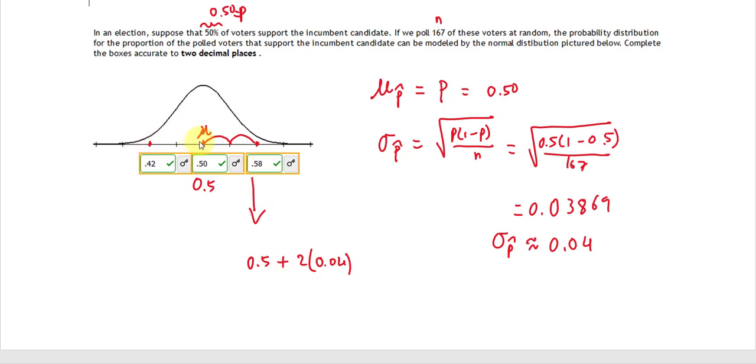Now we go back 2 standard deviations below the mean. So we take the mean 0.5 minus 2 times the standard deviation, and that will give you 0.42. We just apply the characteristic of the normal curve: the mean, 1 standard deviation above the mean, then 2 standard deviations above the mean, and so on.